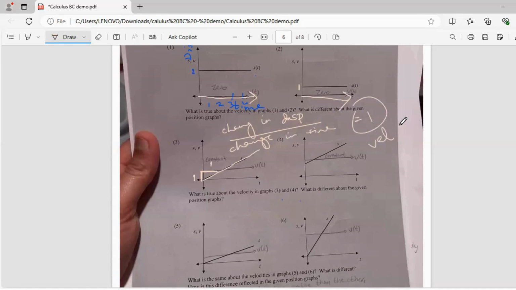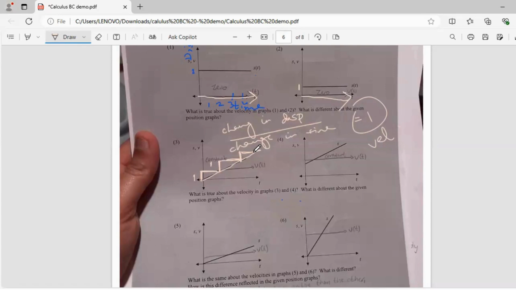And you see, this rate at which the displacement is changing is constant throughout your position graph. The rate at which displacement is changing with respect to time is a constant throughout the graph. Therefore, velocity is going to be one straight line.